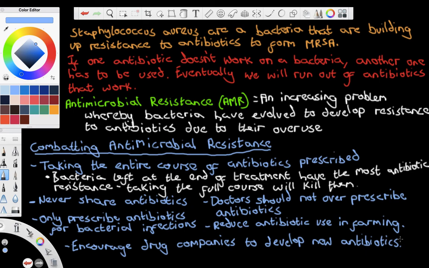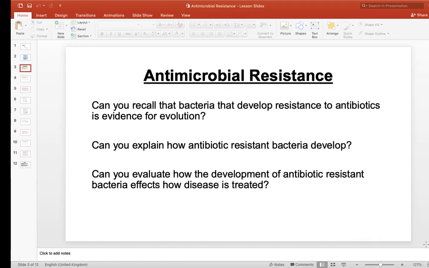Combating antimicrobial resistance, we can ensure that we take the entire course of antibiotics prescribed. We never share antibiotics. Doctors should only prescribe antibiotics if they're really needed. Only prescribe antibiotics for bacterial infections. Reduce antibiotic use in farming. And encourage drug companies to develop new antibiotics.